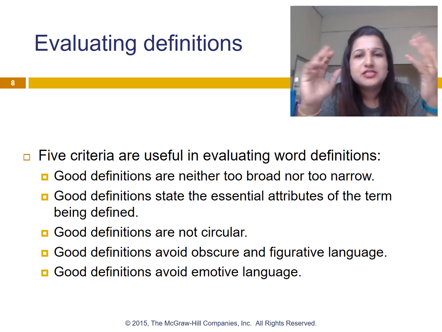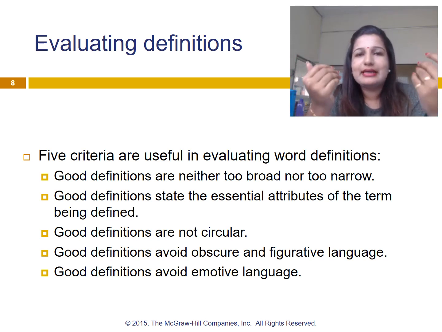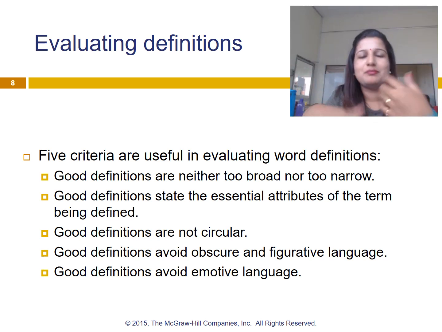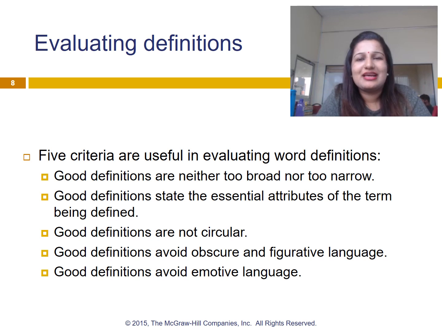So yes, it's beautiful, but again, it is too flowery. Figurative language is basically flowery language that actually conceals the real meaning or the real definition. So good definitions should be very direct, very straightforward. Okay, now let's move on to the fifth point.